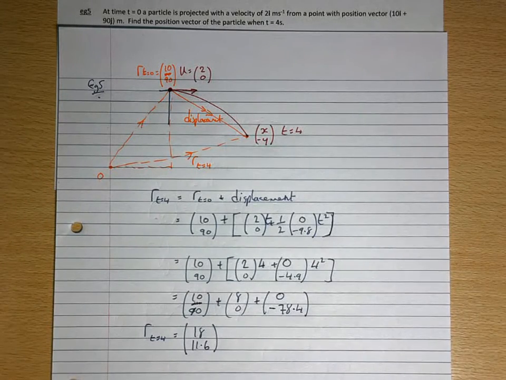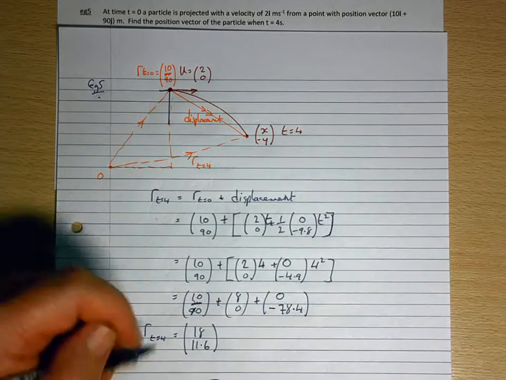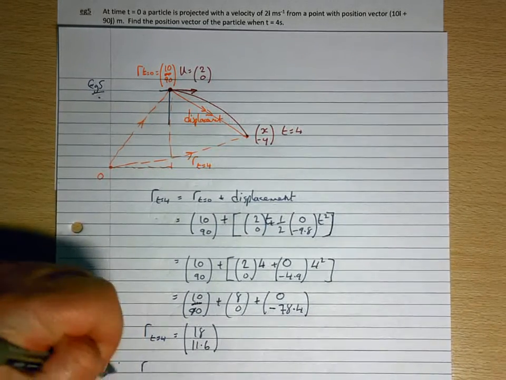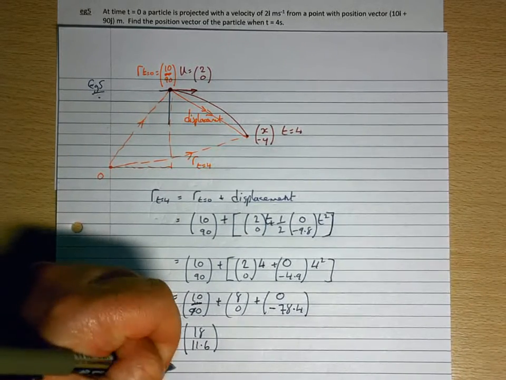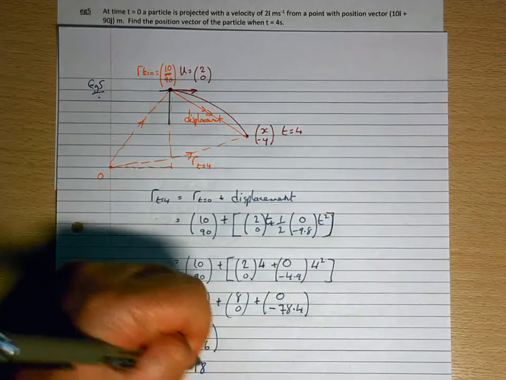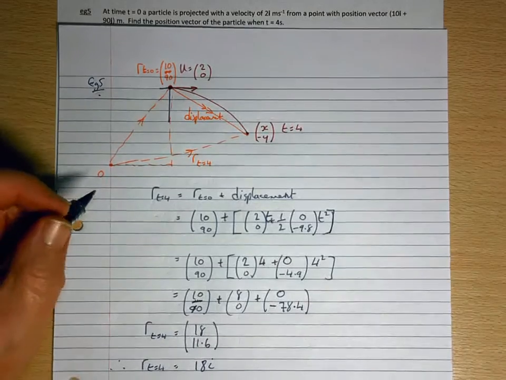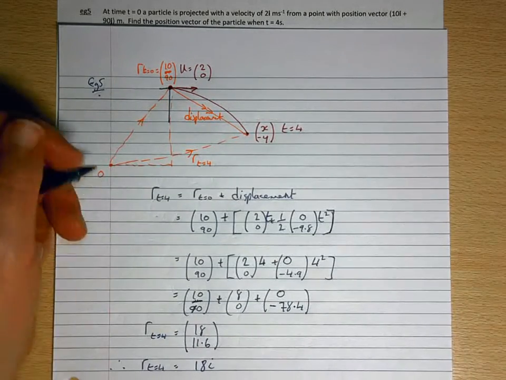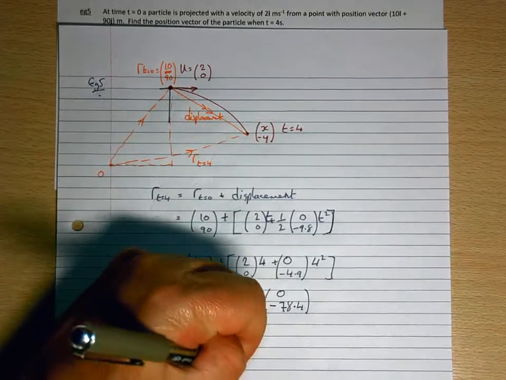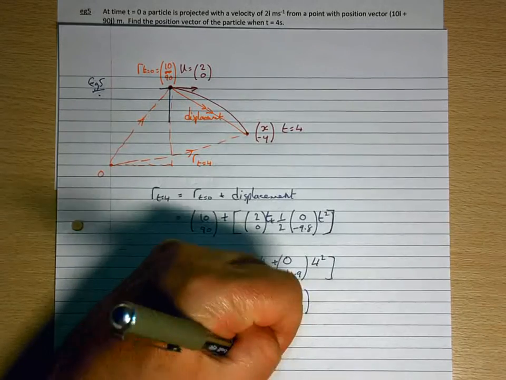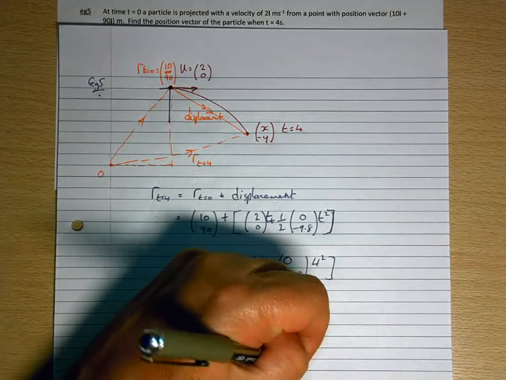The question gave it in terms of i and j, so it's just good manners to write 18i, and the 11.6 rounds to two significant figures, plus 12j, 2sf.